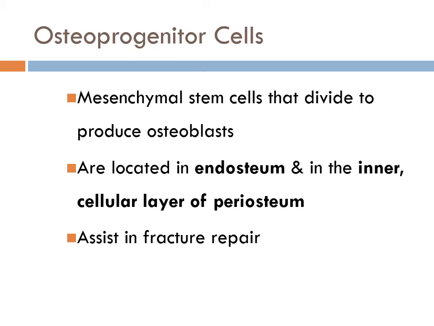Osteoprogenitor cells are very active during fracture repair. When you break a bone, you need to build more bone to repair that fracture. And so osteoprogenitor cells make more osteoblasts, and then osteoblasts build more bone to repair the fracture.